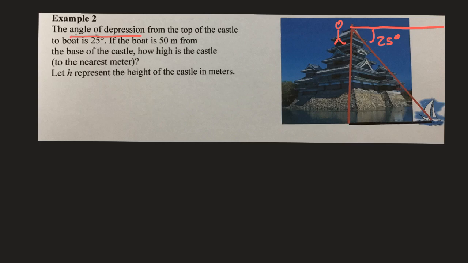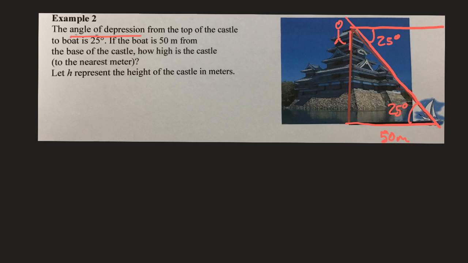Now we have this parallel line here for our horizontal from our guy, but we also have another line here that is parallel to it, that is the distance from our boat. So it is 50 meters. If you remember from geometry, we have a line that is crossing two parallel lines. So this angle, our 25 degrees, is going to be the same as this one here, 25 degrees.